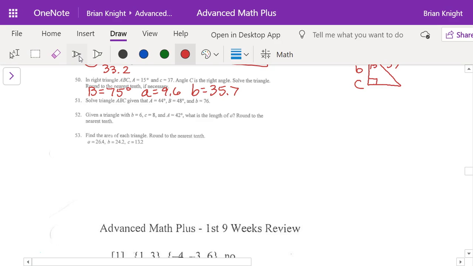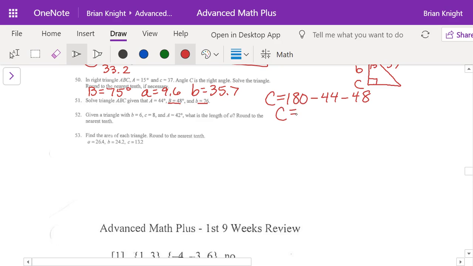Why? Because it gives me all three angles and one side. I'm going to find angle C first because it's the easiest. C would just be 180 minus the other two angles, which are 44 and 48.